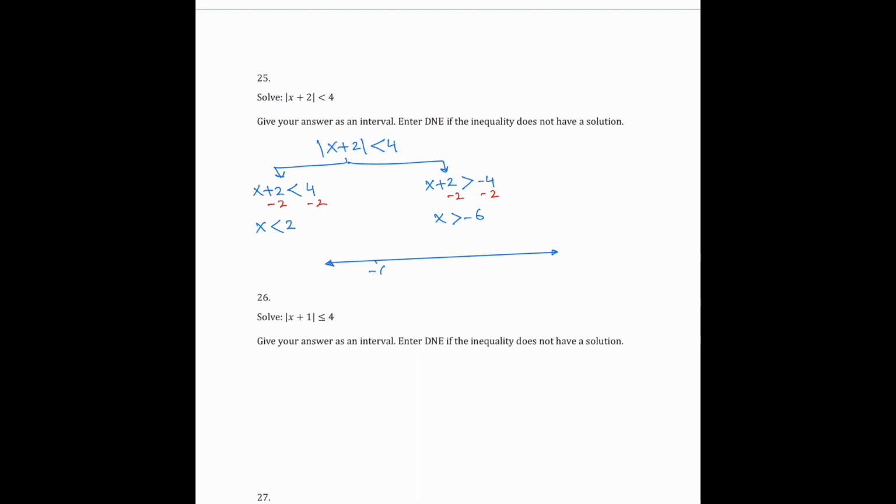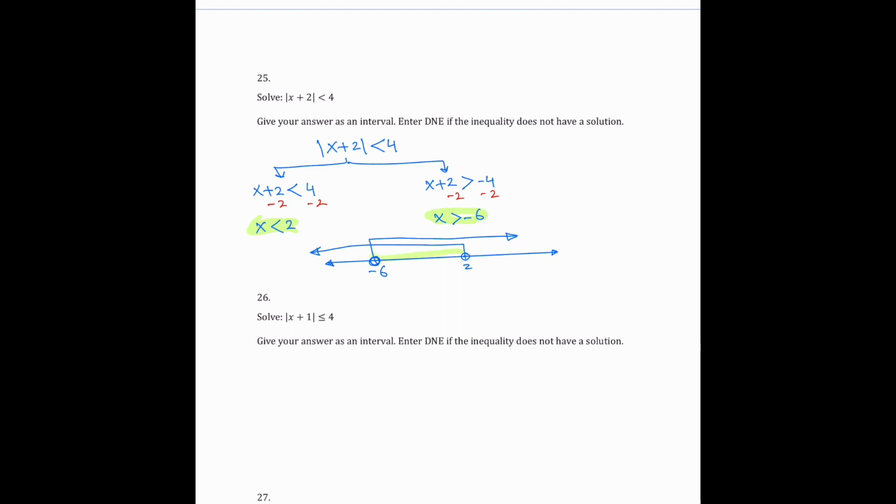So on the number line, I'm going to start with negative 6, which is not included, and then the 2 has to be on the right of that, so the order of the numbers matters, and the 2 is not included as well. The first inequality here says that x is less than 2, so all of the numbers to the left of 2, and the other inequality says that x is greater than negative 6, so all of the numbers to the right.